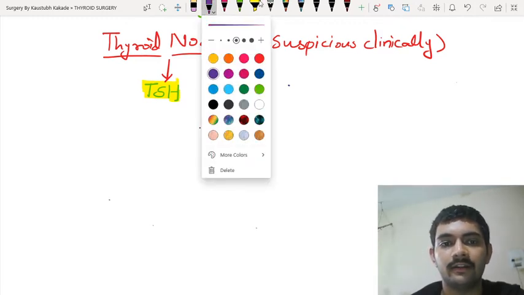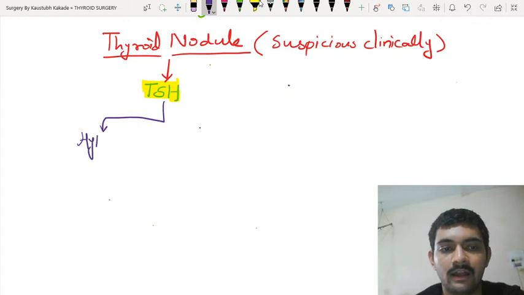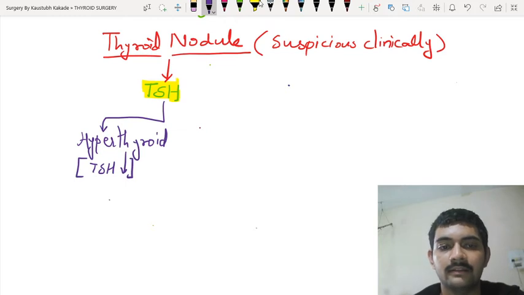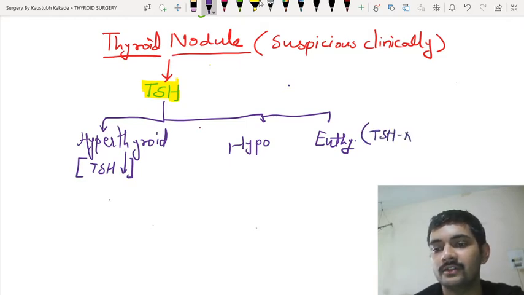The first is that the patient is hyperthyroid, that is, the TSH levels are low. The second is that the patient is hypothyroid, and the third is that the patient is euthyroid. Euthyroid means TSH is normal, and hypothyroid means TSH is high.